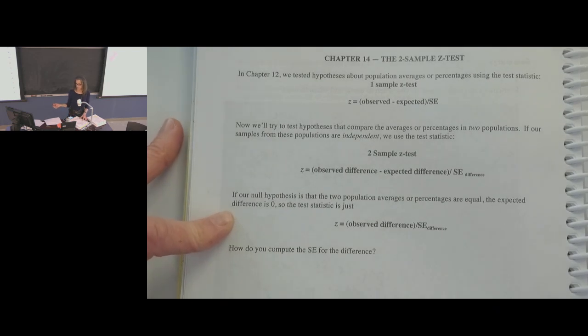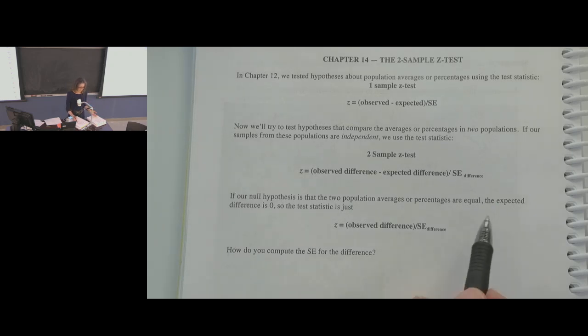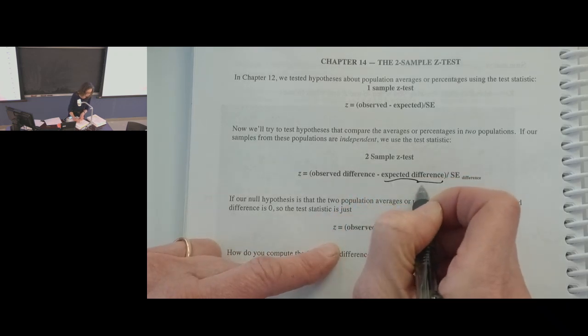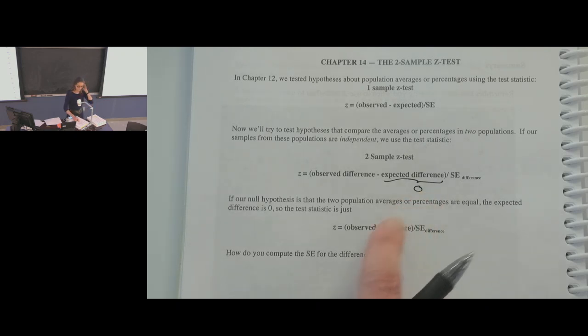Often the null hypothesis is that the two population averages or percentages are the same, which it certainly is for testing the in-person test scores versus the online people. I'd assume they'd be the same. Or males and females, you'd assume they'd be equal. Then the expected difference under the null is usually 0. It doesn't have to be, but in the examples we're going to look at, it is. So that boils down to our observed difference over the standard error of the difference.